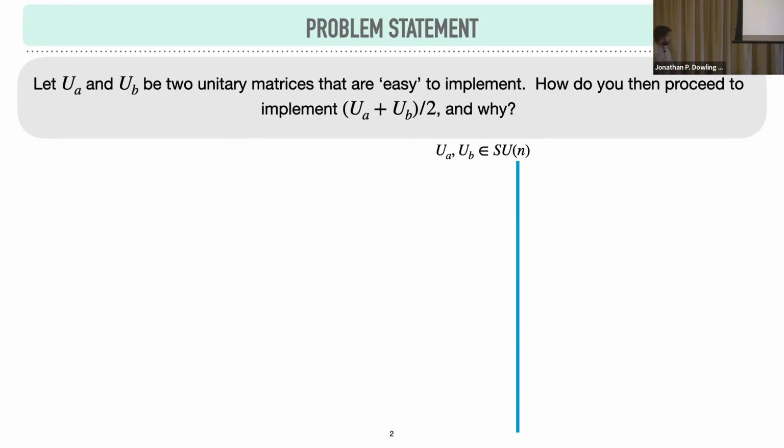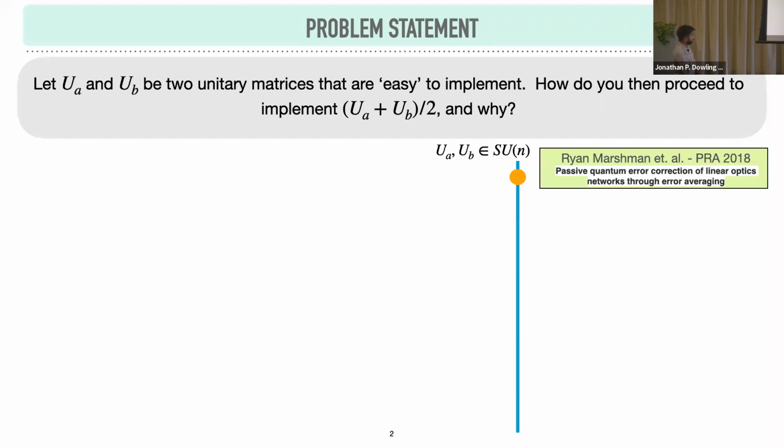The reason we have been looking at this question in our group is we assume that U_A and U_B are some approximations of some target unitary. We just want to know if the average of these two approximation unitaries is in any sense closer to the target unitary.